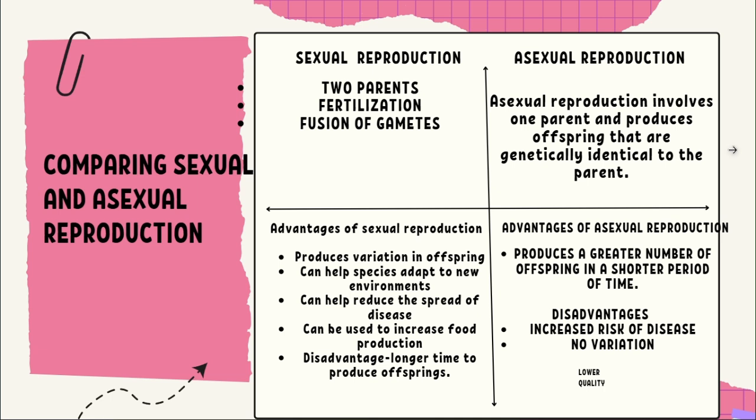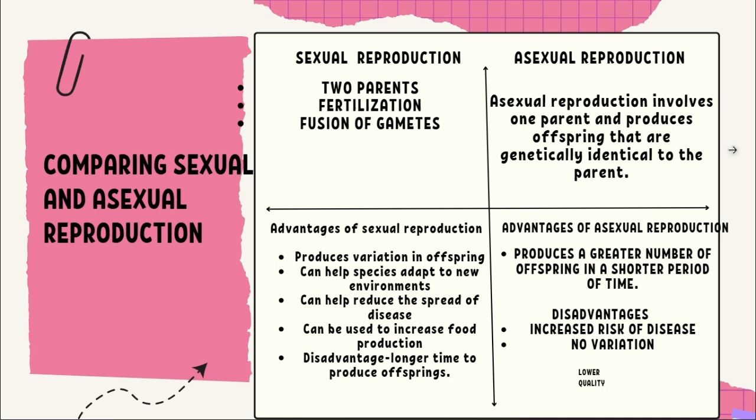But variation is very important for a species to survive, because it basically equips the next generation to be able to withstand different conditions. It helps the species adapt to new environments, helps reduce the spread of disease, and can be used to increase food production.